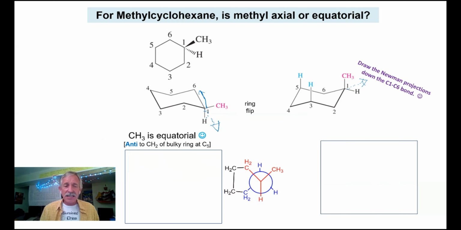If you did this in these boxes, you would have found that this one with the equatorial, as we just talked about on the last slide, puts the CH3 that's equatorial anti to the ring that's on this back carbon.